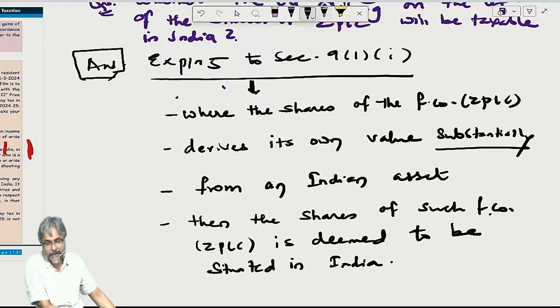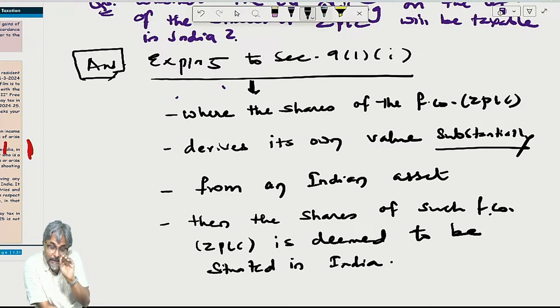Have you all copied all this? All of you? So this is what it is, students. You can see now the impact of this particular transaction.